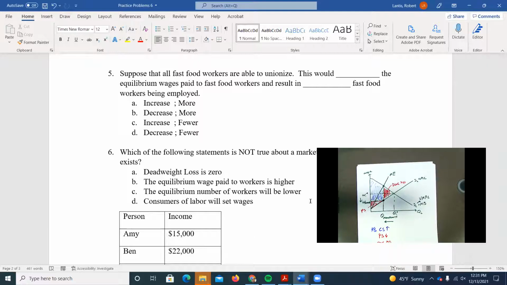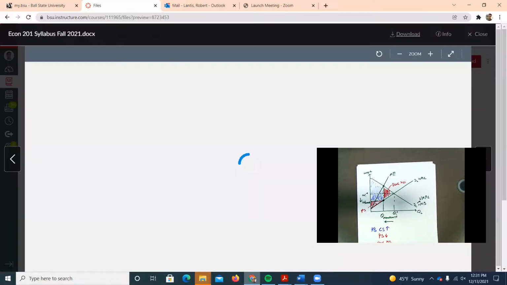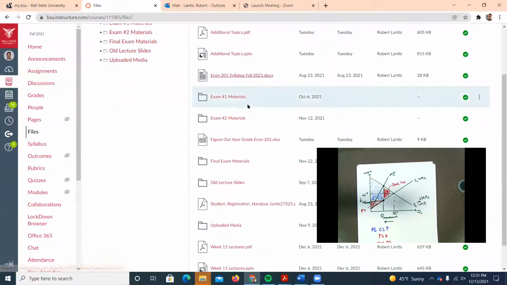Well, that one's true, right? And consumers of labor will set wages. So that one's going to be, wait, I confused myself. So wages are going to be higher. No. Okay, there's two. I think I put this back up on here and didn't update it. So let's double check that I changed this for the ones that I gave you.